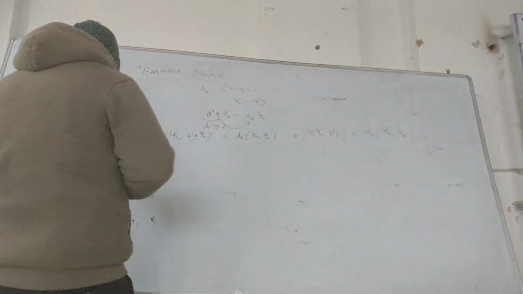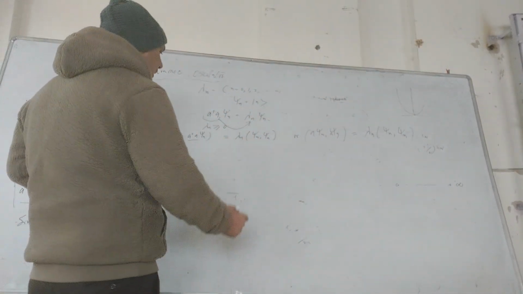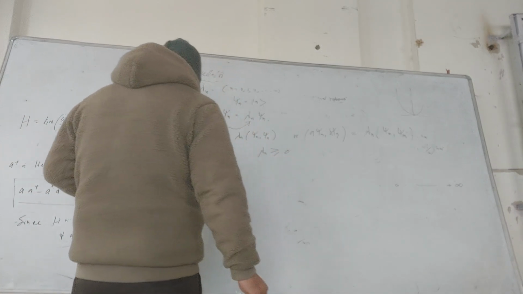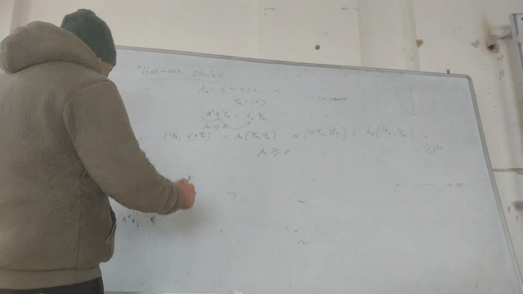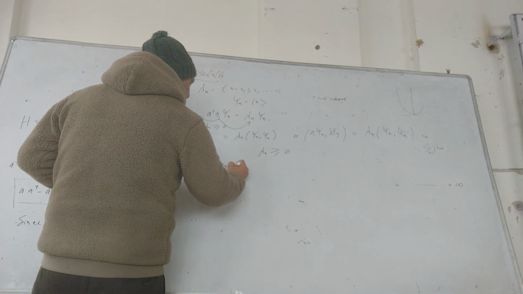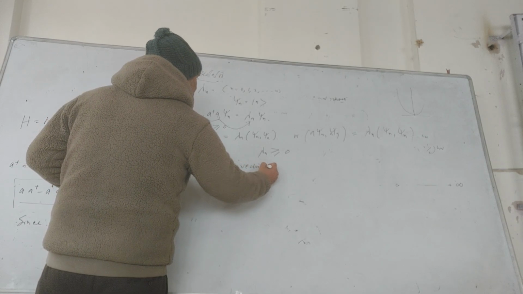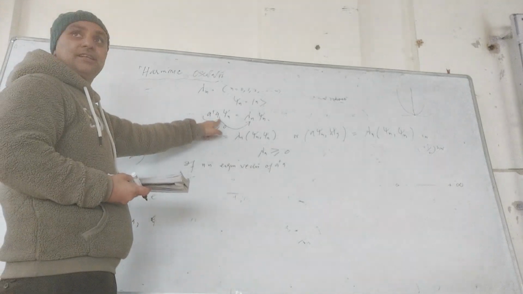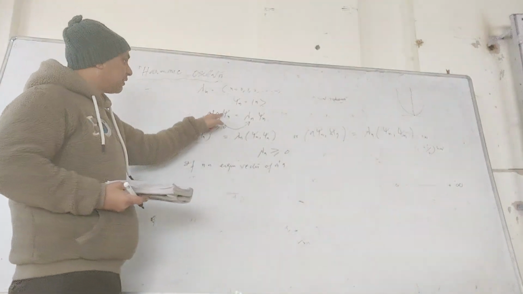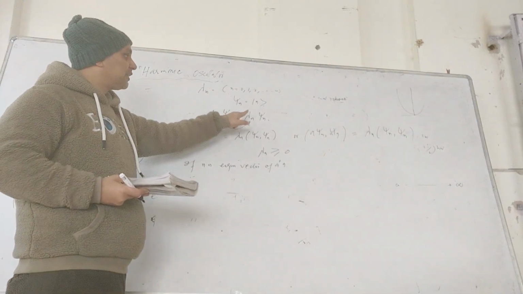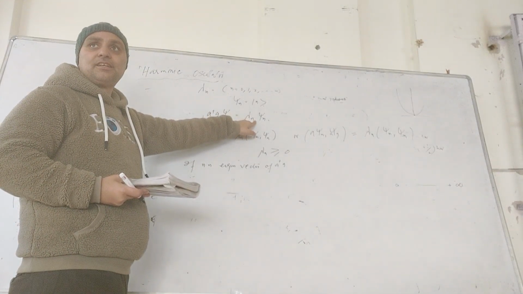But for lambda n greater than or equal to 0, we conclude that if psi n is an eigenvector of A dagger A, what do we say here? Each operator acting on state psi will give an eigenvector.